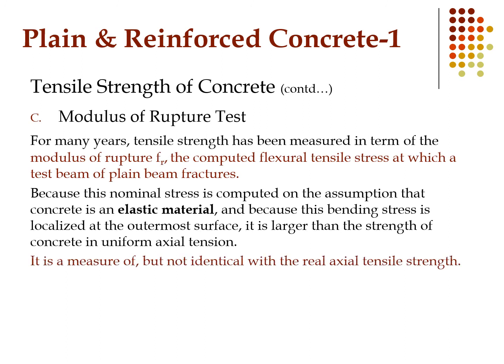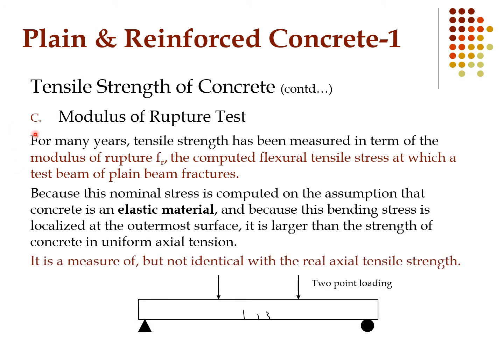Another test we call the modulus of rupture test. For many years, tensile strength has been measured in terms of modulus of rupture. Modulus of rupture is denoted by Fr, the computed flexural tensile stress at which a test beam of plain concrete fails.